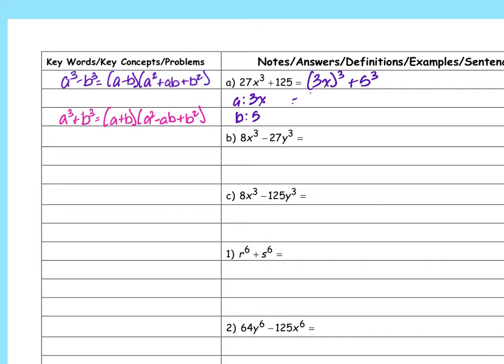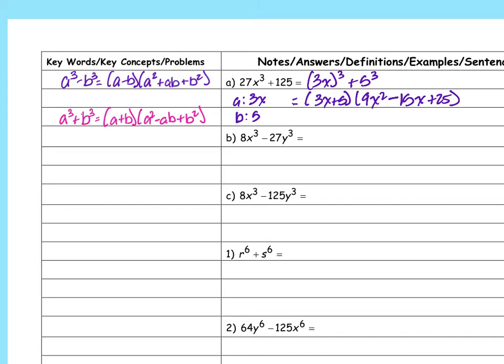So this factors to, this is a plus, so this is 3x plus 5 times 3x squared is 9x squared minus a times b, or 15x, plus b squared, or 25.